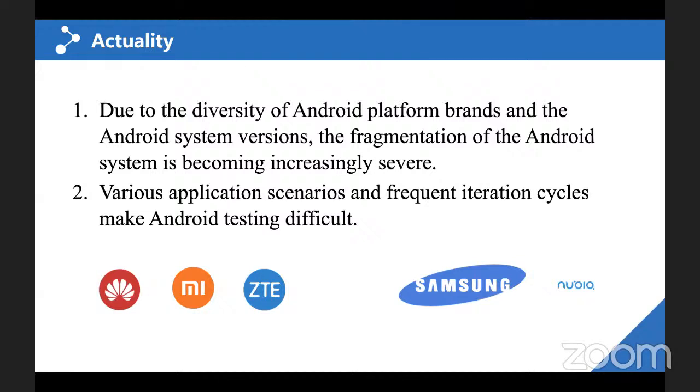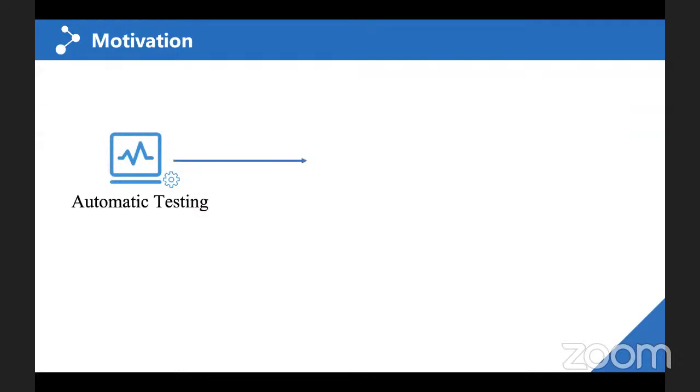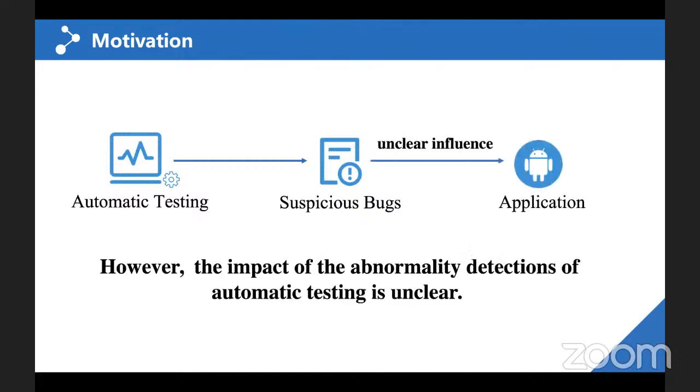More and more developers solve the dilemma facing Android testing by using automatic testing and cloud testing. Android automatic testing can detect presentation errors or exceptions, which can be called suspicious bugs. The impact of suspicious bugs on the application is unclear for automatic testing.